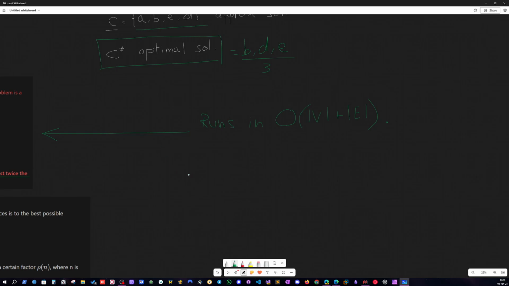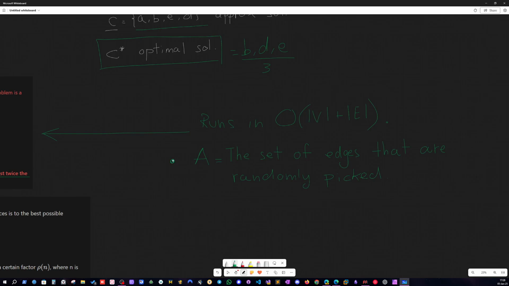And let's call A the set of edges that are randomly picked by the algorithm during the execution.